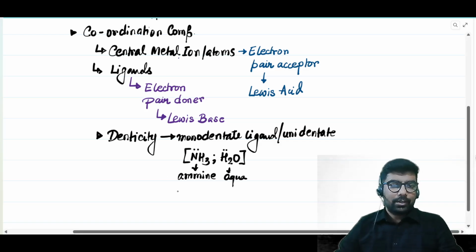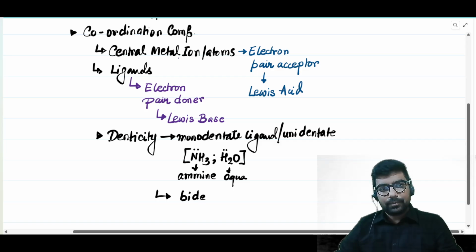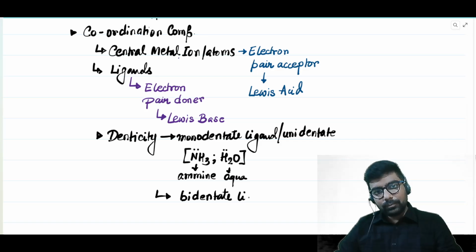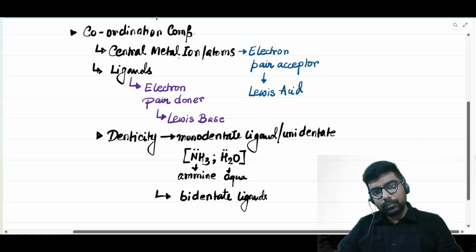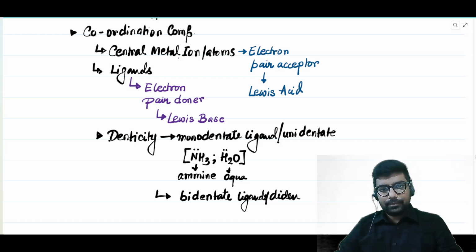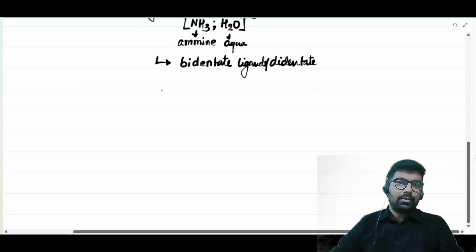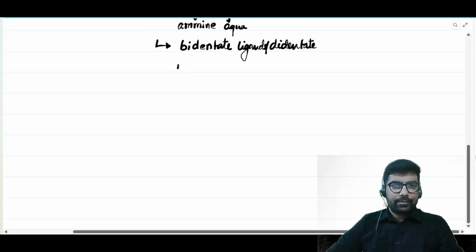Secondly, we discussed bidentate ligands, also known as didentate. Over there, we discussed something like ethylene diamine.